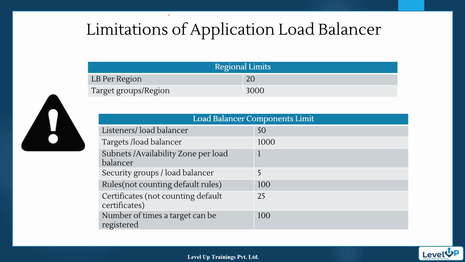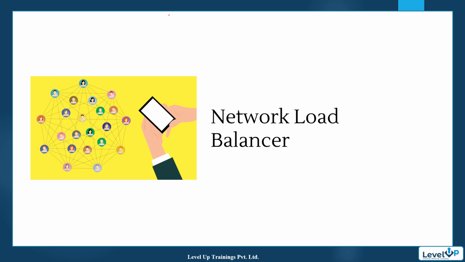For the load balancer components, you can add up to 50 listeners, and for targets, you can add up to 1000 EC2 instances, one subnet, and 5 security groups, and you can add up to around 100 rules. What are rules? You'll see once we create an application load balancer. You can also add certificates, and the number of times a target can be registered is about 100. These are some of the limitations of the application load balancer.